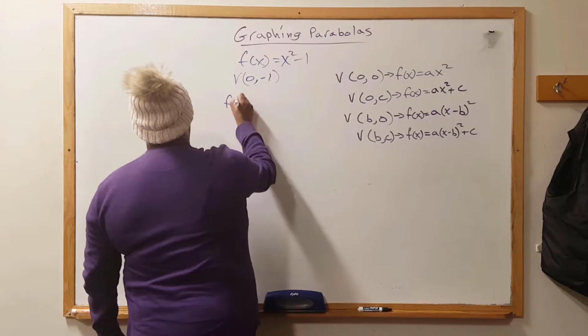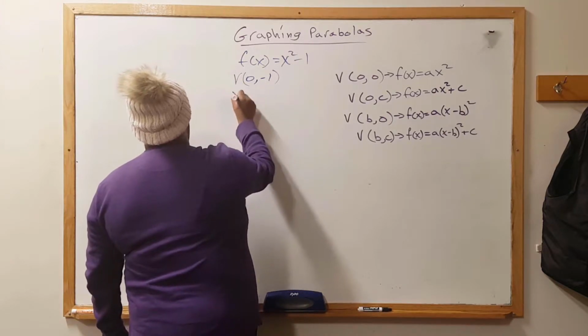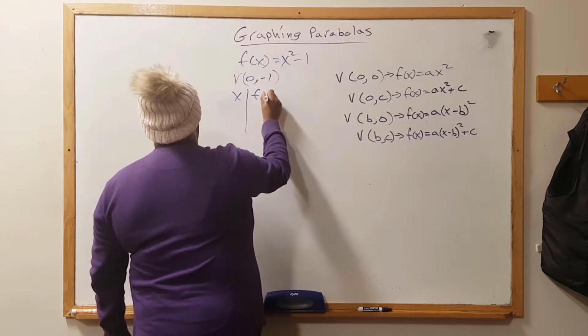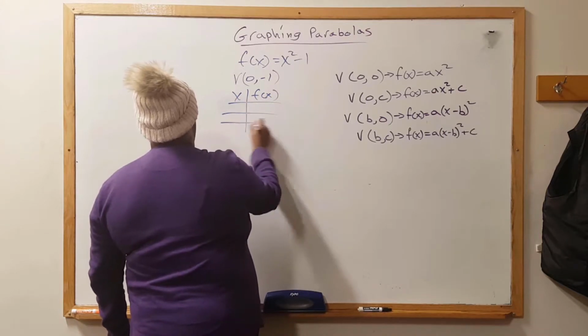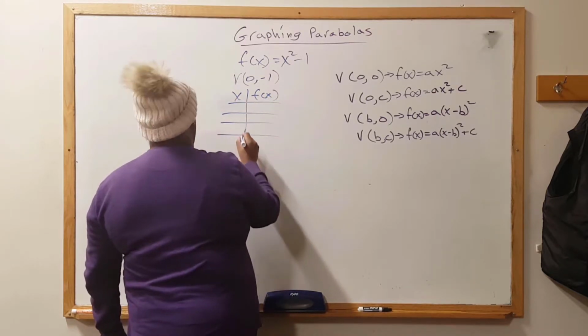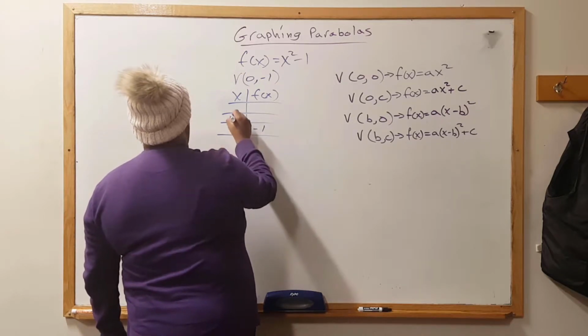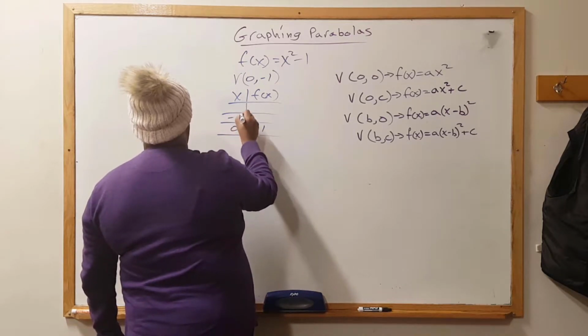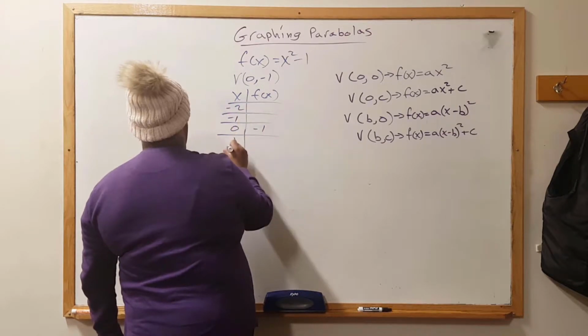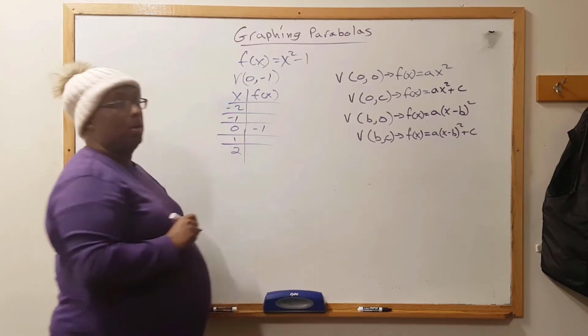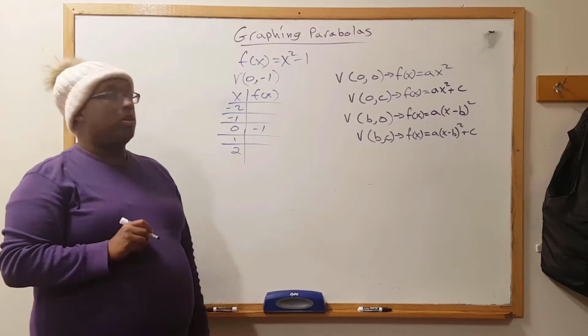We can make a table, x and f of x, where we put the vertex in the middle, 0, -1, and we can have -1 and -2 and 1 and 2, and find out our other coordinates.